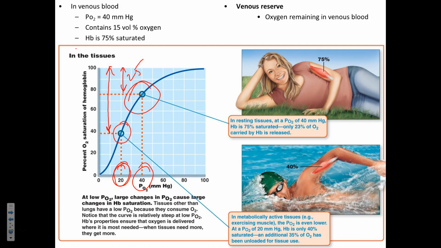So in metabolically active tissues, oxygen partial pressure decreases, unloading increases. Unloading. Are we good? Now, the best trick is that you don't need to load more.